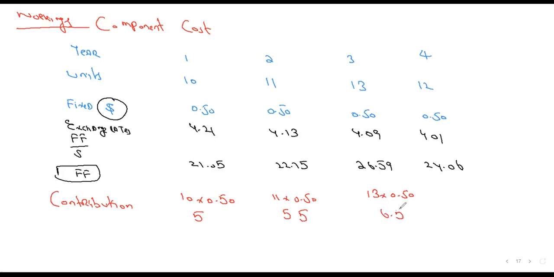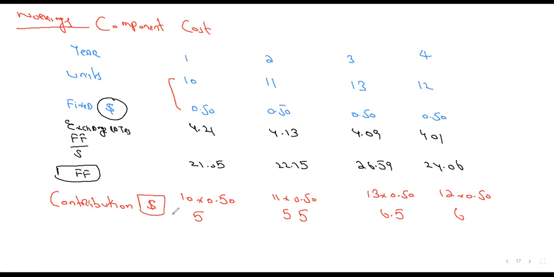Then 12 multiplied by 0.50, 6. And remember, this amount is in dollars. For the parent company, because the parent was selling, there was a selling price, and for the subsidiary country that was a cost.